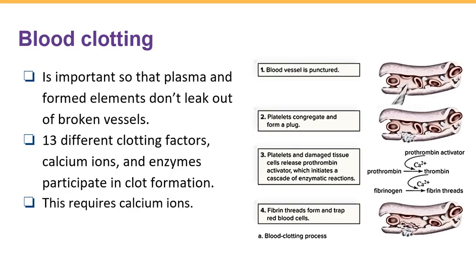Let's see, when a puncture happens in a blood vessel, what is the process to heal it? As you can see here, we have a blood vessel, and say we have a puncture in it. Obviously the blood cells and plasma can leak from this punctured site, but automatically it's going to be stopped. How? Because there are many clotting factors, enzymes, and also calcium ions, which participate in clot formation.